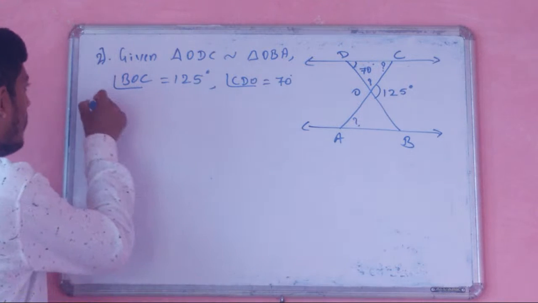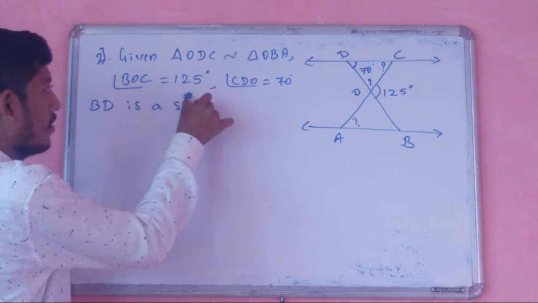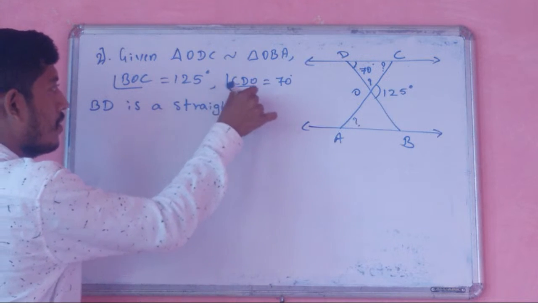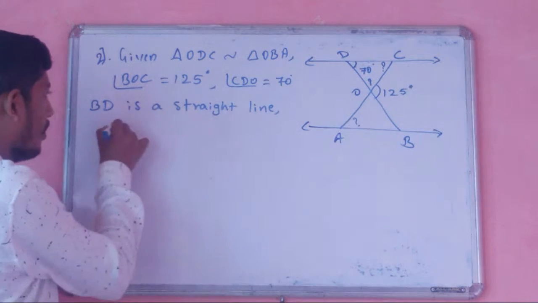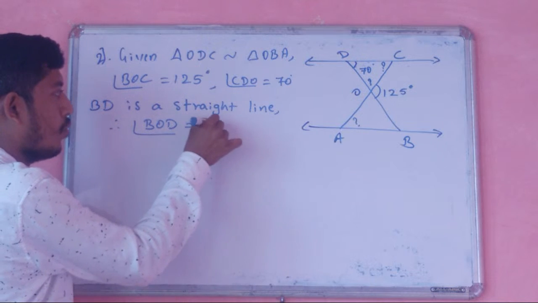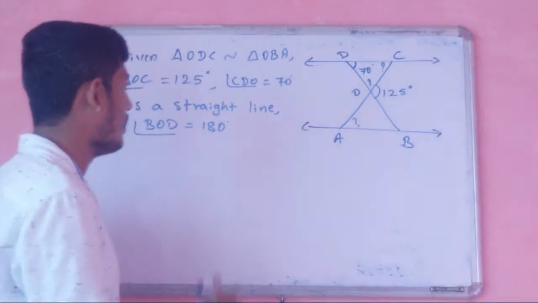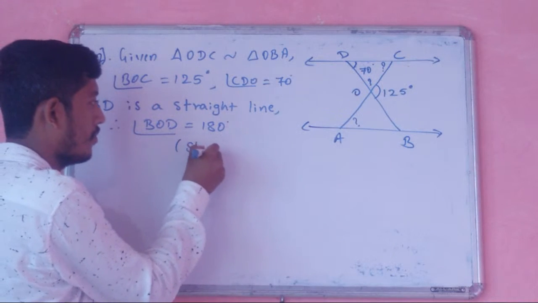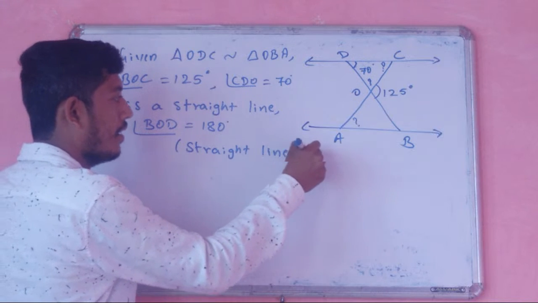So I will consider BD is a straight line. Therefore, angle BOD is equal to 180 degrees. The reason is straight line angle.